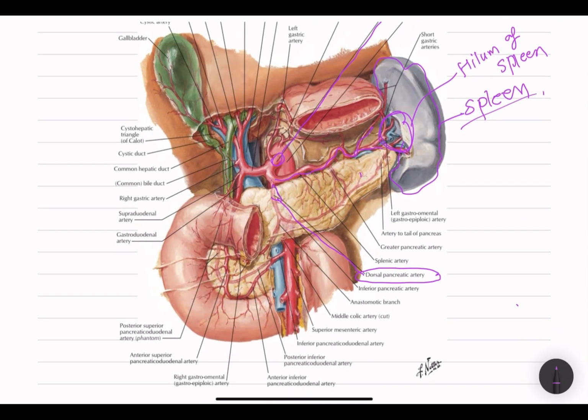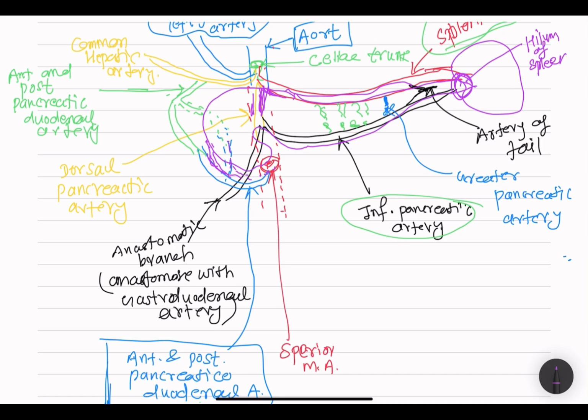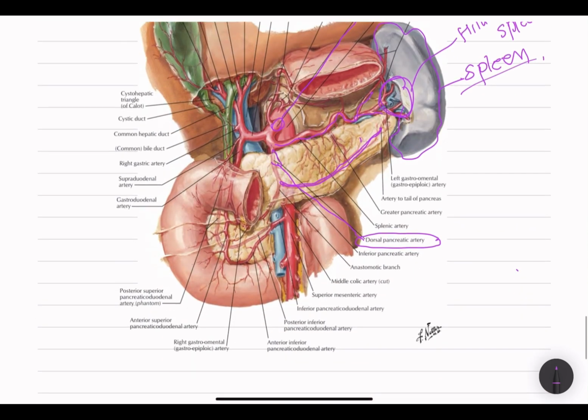And from this dorsal artery we can see one artery is going like this. This one I draw, this is the inferior pancreatic artery, which supplies the inferior and the middle part of the pancreas.